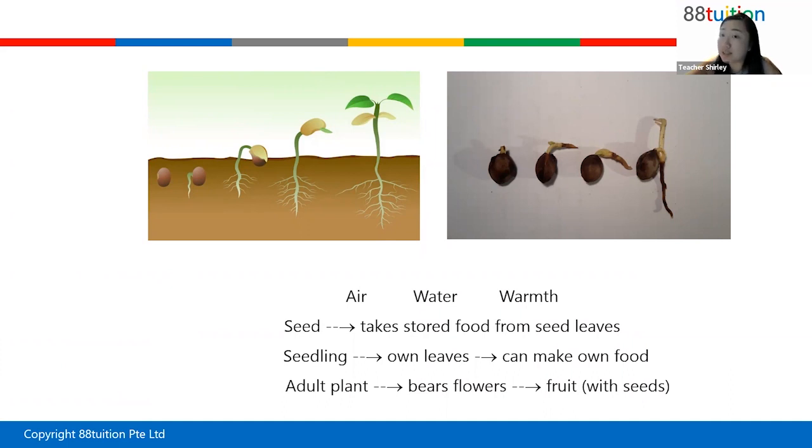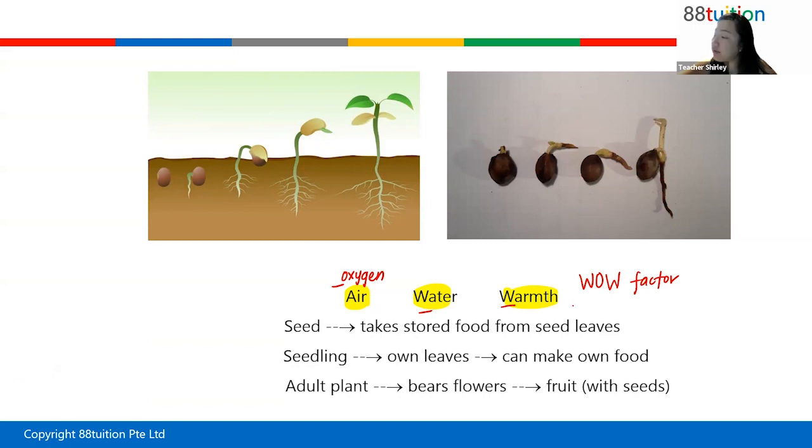So if we were to put a seed in the soil, we need to give it these 3 things: air, water, and warmth. By air, we are referring to oxygen. So if you put them together, we call it the wow factor.